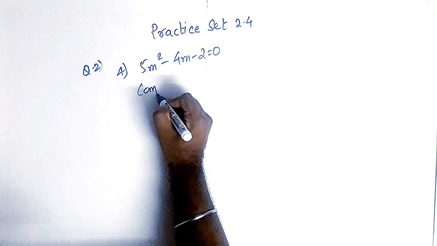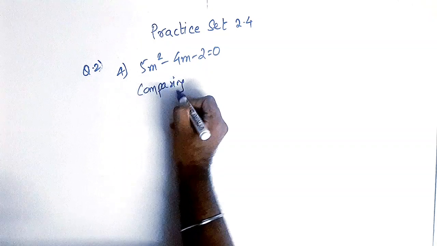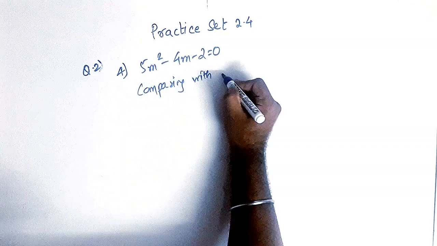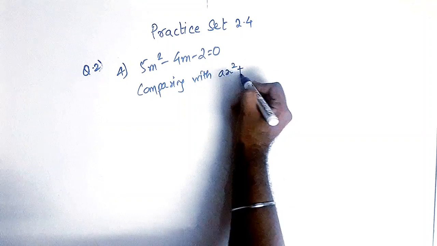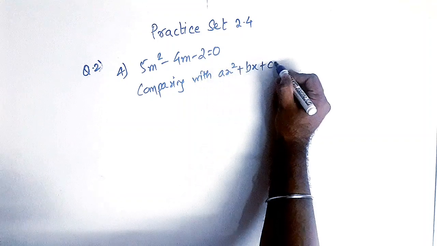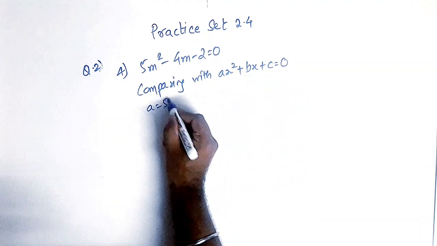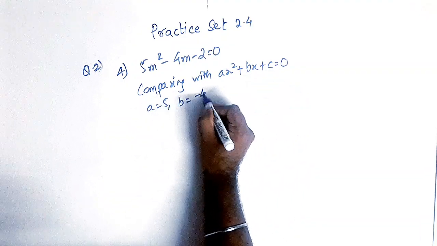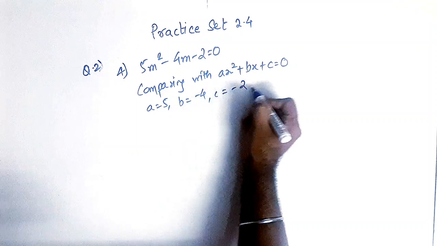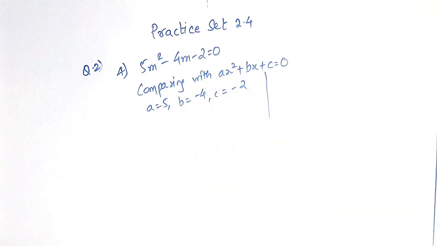We will first compare it with the standard form, comparing with ax square plus bx plus c equals to 0. We get a equals to 5, b is minus 4, and c is minus 2.